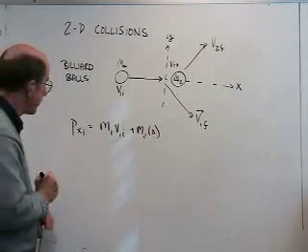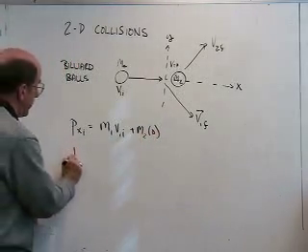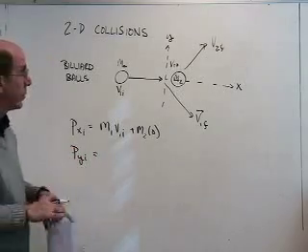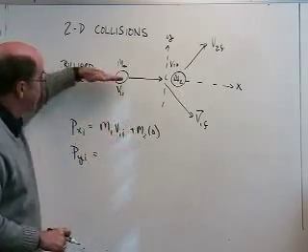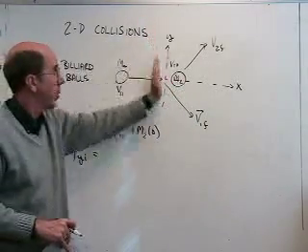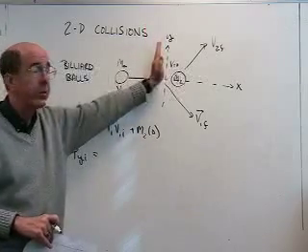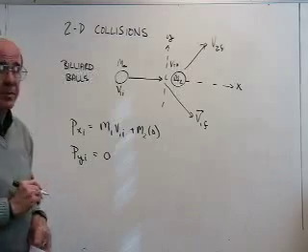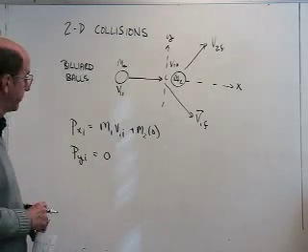And the initial momentum in the y direction, well, this ball was only going in that direction, this ball is not moving, so the momentum in the y direction before the collision is 0. There's no momentum in the y direction.